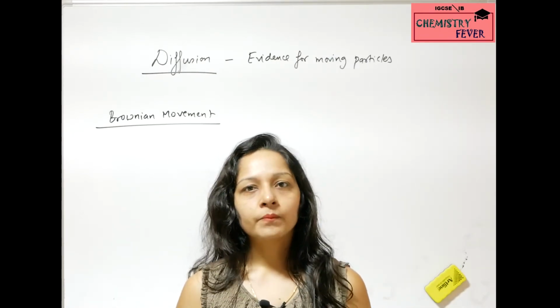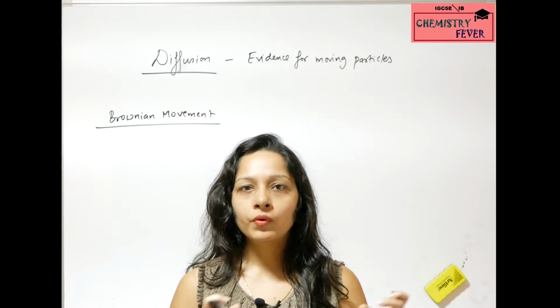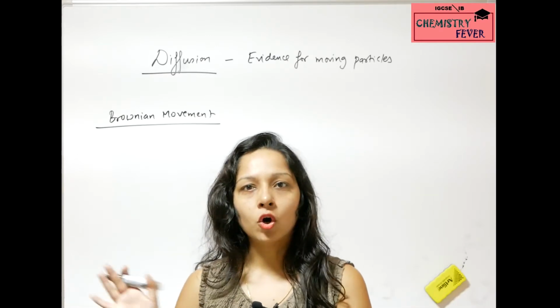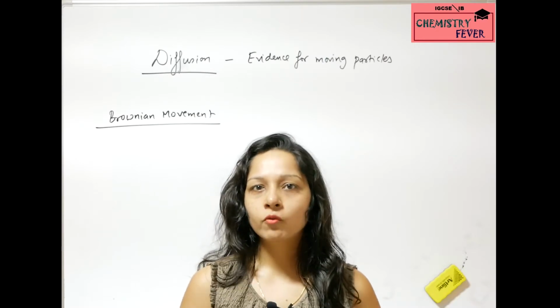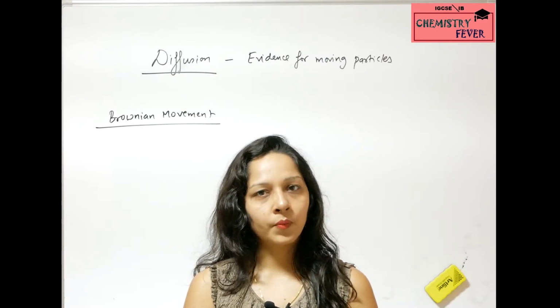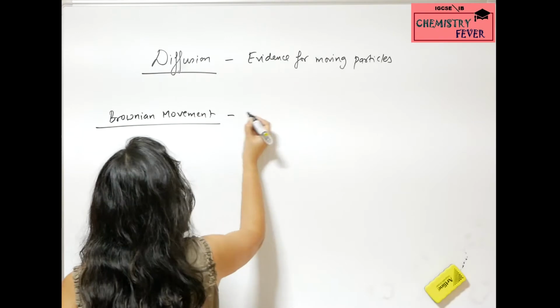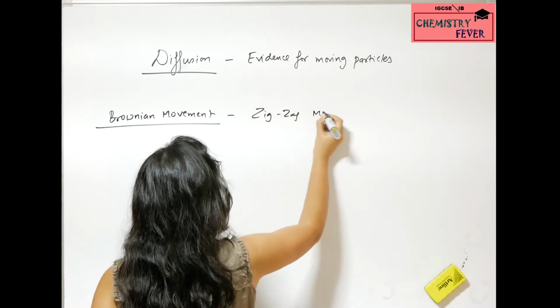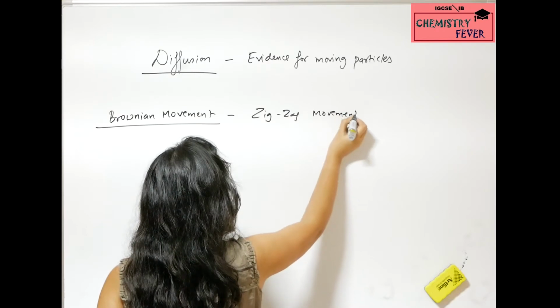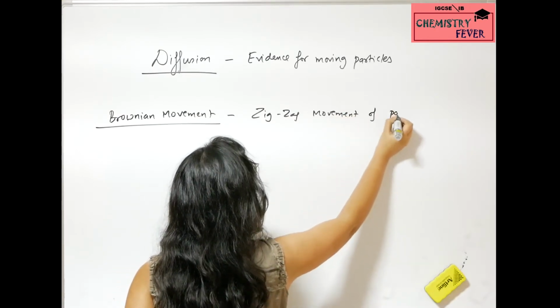He said that particles move continuously, randomly in all directions, but still he gave a generalization that the zigzag movement of particles is known as Brownian movement. So Brownian movement is zigzag movement of particles.